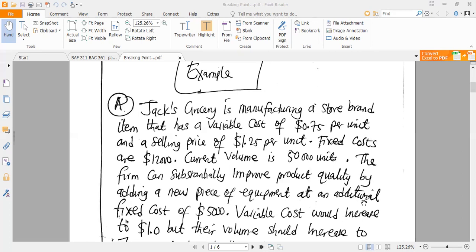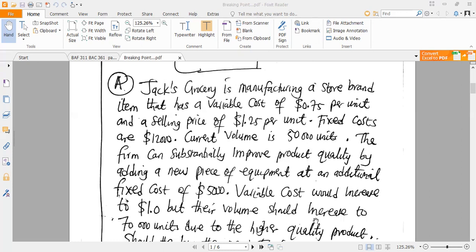So this new equipment will push the additional fixed cost of $5,000. Then the variable cost per unit will increase to $1. Initially, it was $0.75 per unit, the initial price.